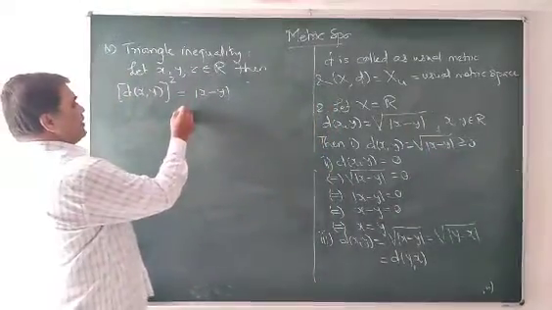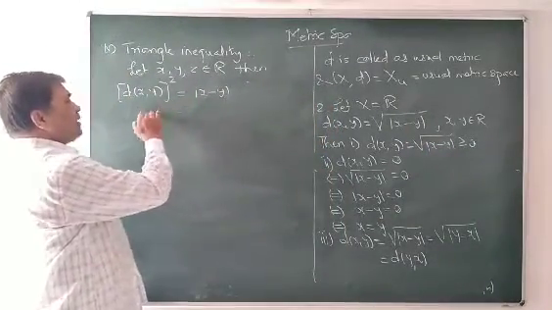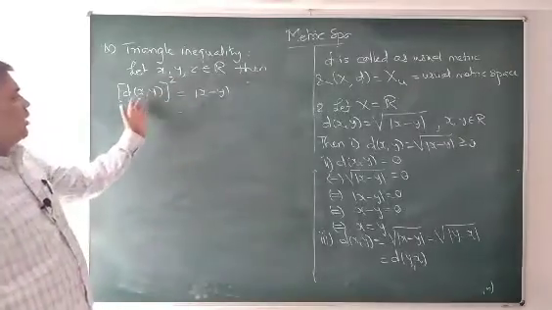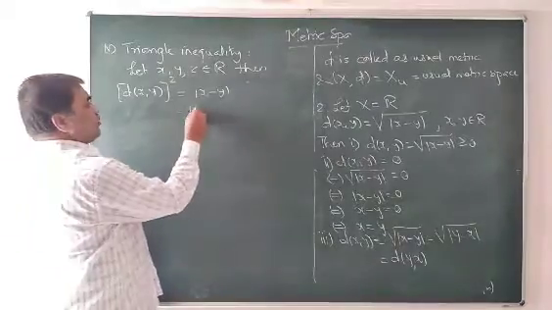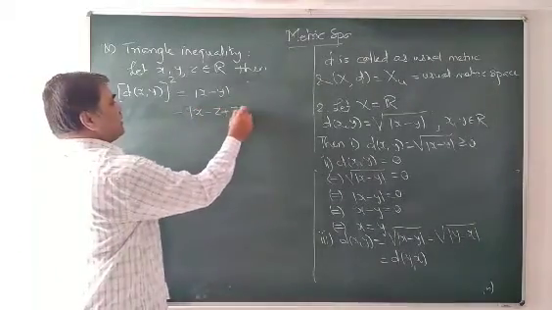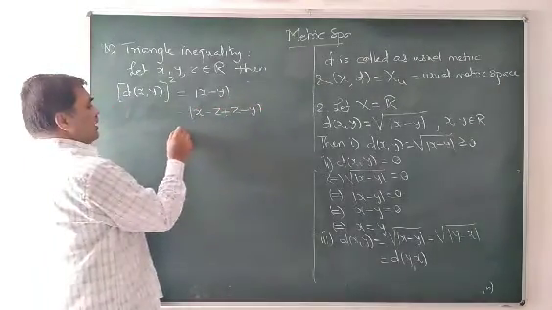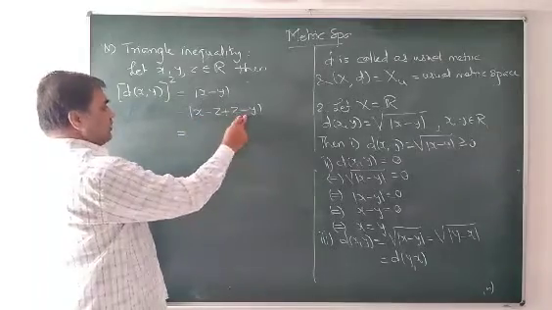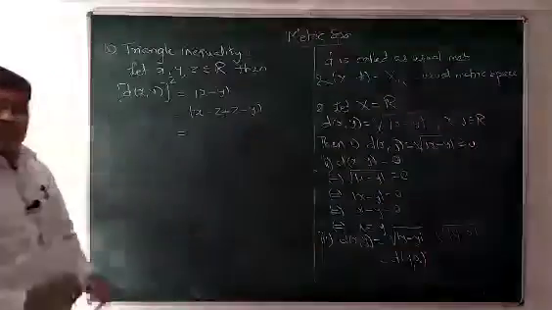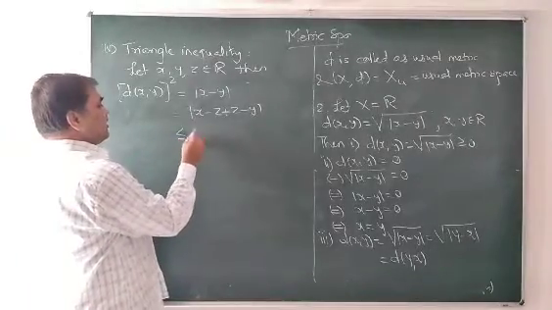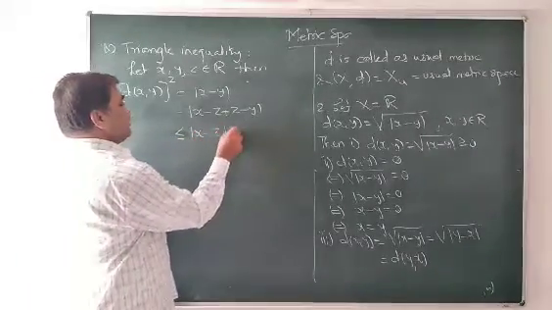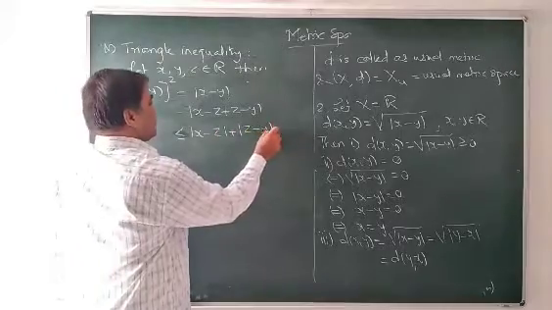Then I have to relate it with d of x, z and d of z, y, so I have to insert z here. So I can write this as mod of x minus z plus z minus y. Again, taking this as a and this as b, mod of a plus b is less than or equal to mod of a plus mod of b. So I can write this as less than or equal to mod of x minus z plus mod of z minus y.